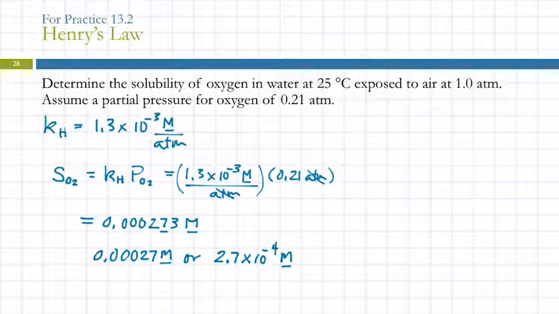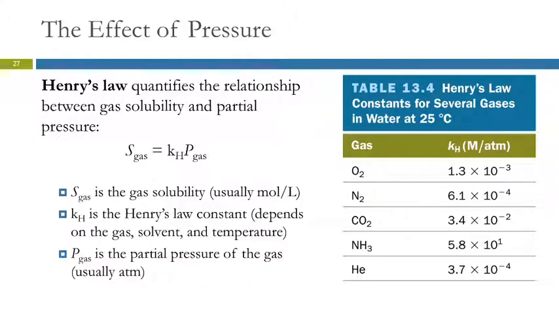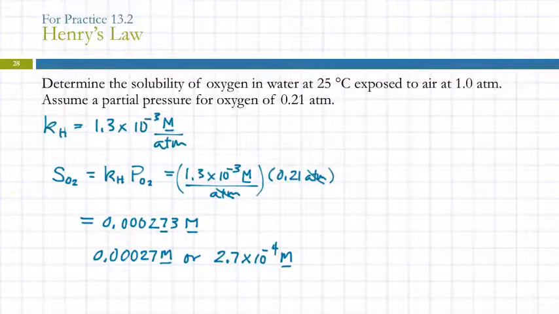Can we just ignore the 25 degrees Celsius? Well, we can't really ignore it. That was put in there to let us know that we could use the table on the previous slide. Same thing with the 1 atm.